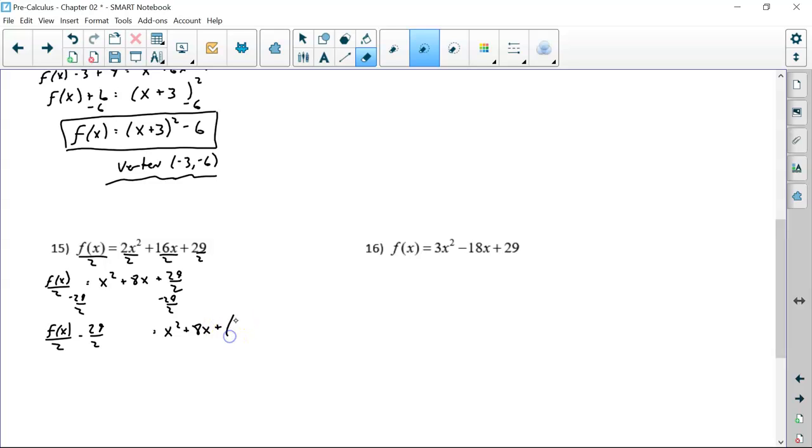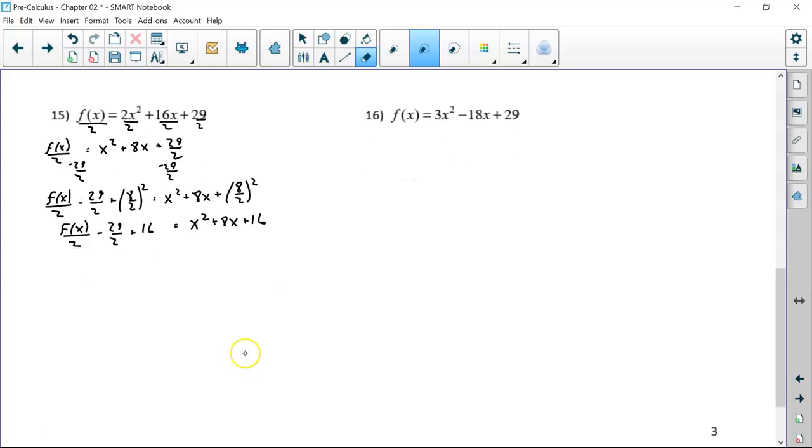So we're going to be adding the 8 over 2 squared to both sides. So I get f of x over 2 minus 29 halves plus 8 divided by 2 is 4, squared is 16, equals x squared plus 8x plus 16. Normally we'd have to add these fractions. I don't even care about that.